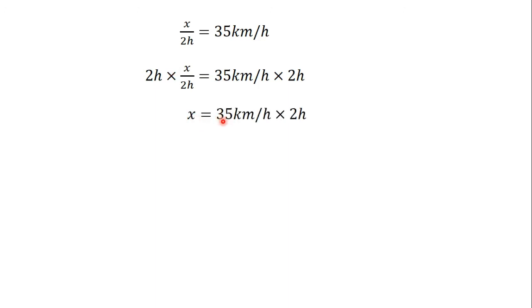So x will be equal to 35 kilometers per hour times 2 hours. 35 times 2 gives us 70. Kilometers per hour times hour gives us kilometers because hour and hour cancel each other out. So x is equal to 70 kilometers.